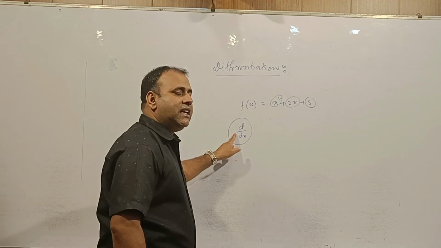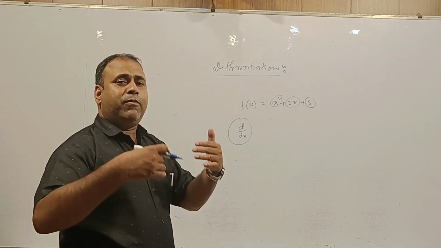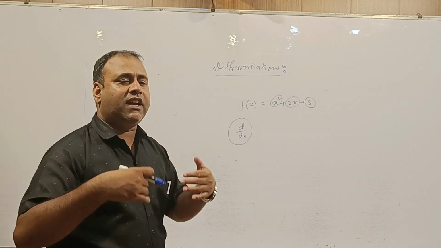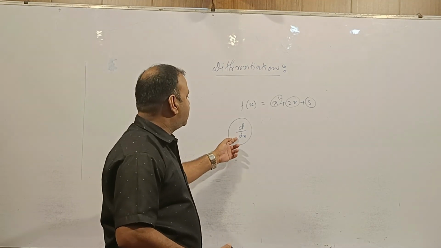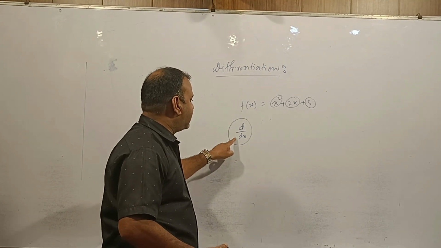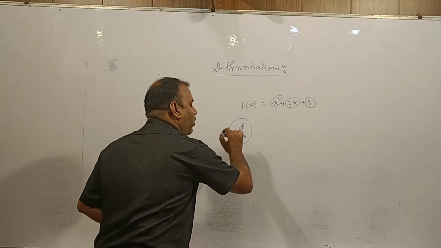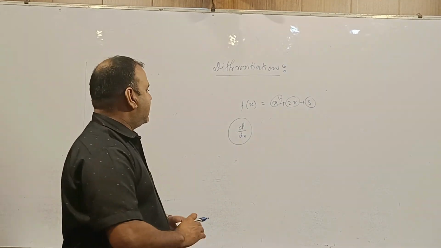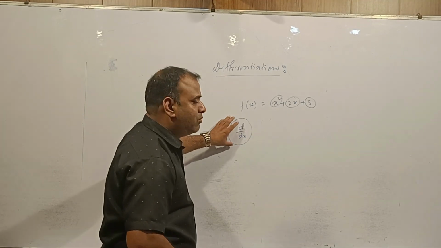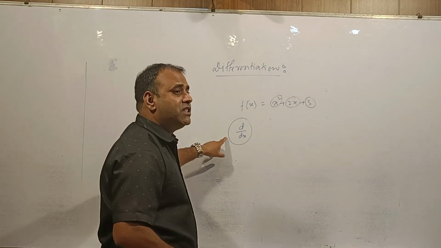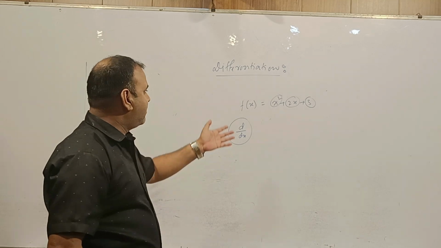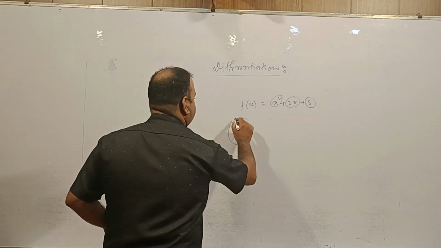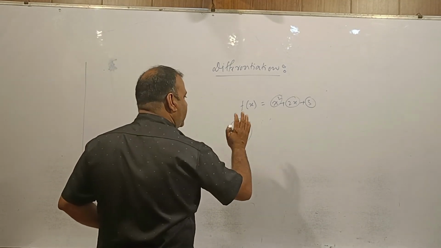Similarly, if variables are given to you, how can you analyze them with the help of this d/dx? This d/dx is called differentiation or derivative. This quantity is used to analyze the variables, which is why it is called d/dx or d by dx.